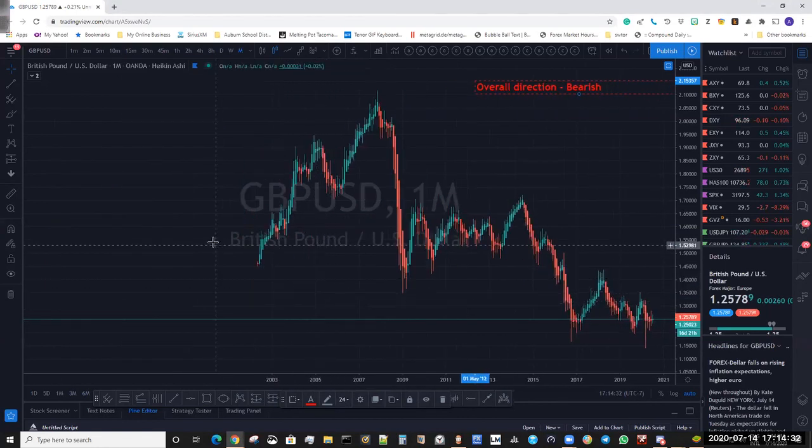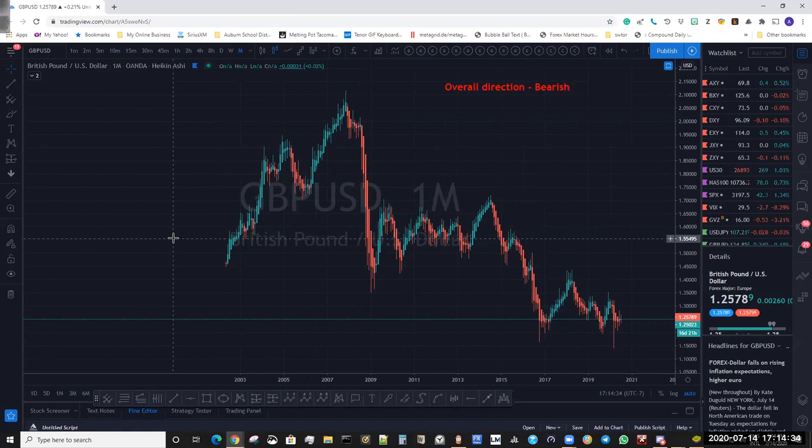Do we see a short-term direction here? What is our short-term direction? Bullish. And is that at the beginning or is that at the end?